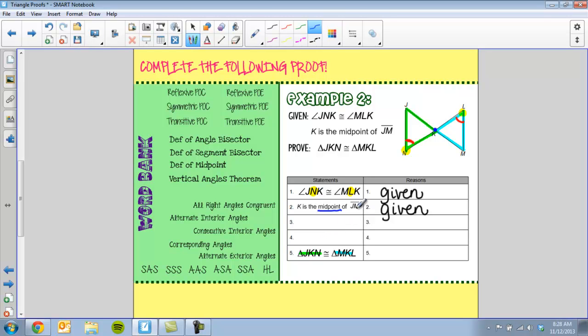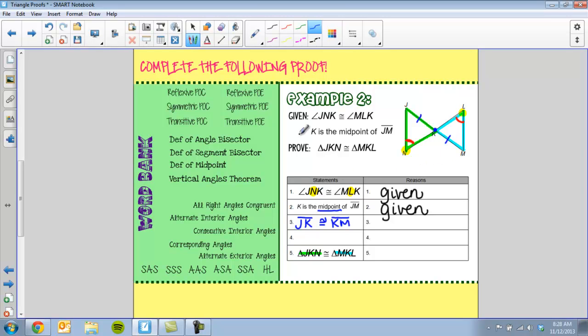Yeah, it means it cuts JM in half. Now, specifically, when we cut JM in half at K, it means that each piece must be equal. So we now know that segment JK is congruent to KM.